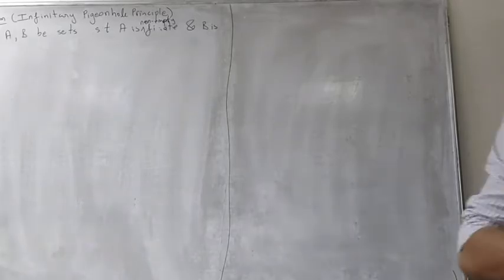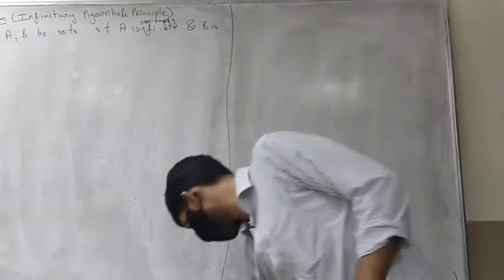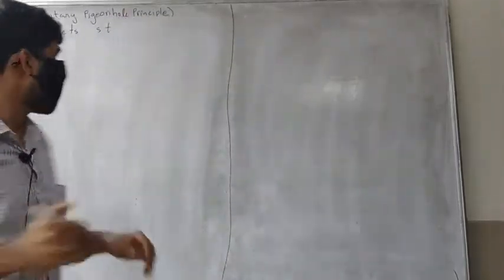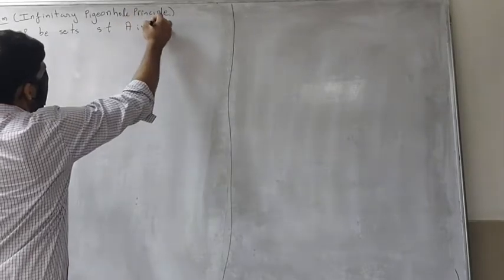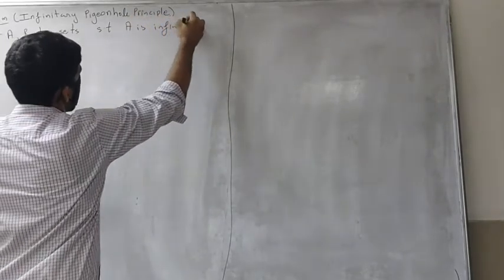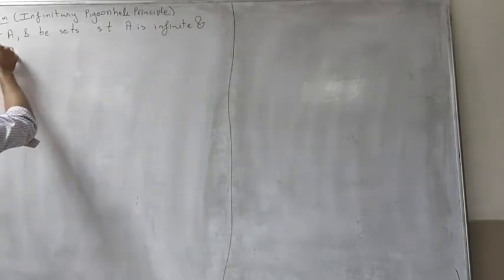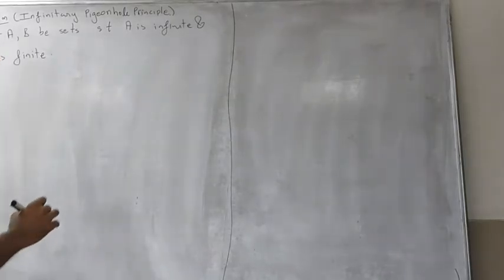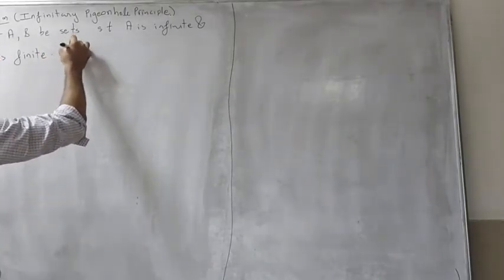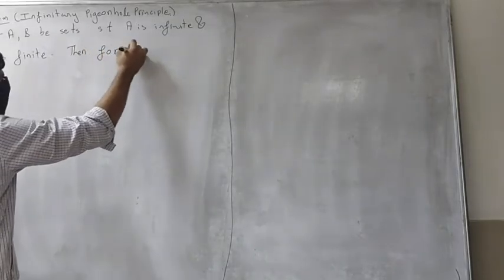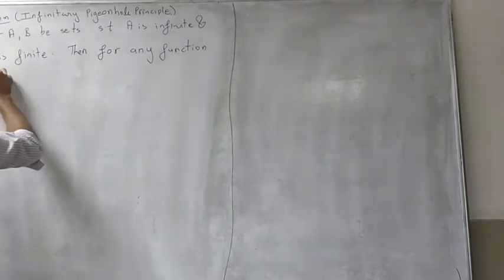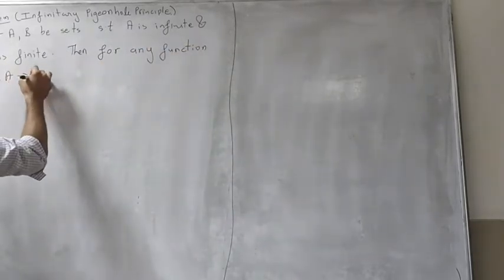One second. Oh, sorry, I have made a mistake. It's the other way. You want A to be infinite, you want the domain to be bigger, right? Such that A is infinite and B is finite. Then for any function f from A to B, what can we say?